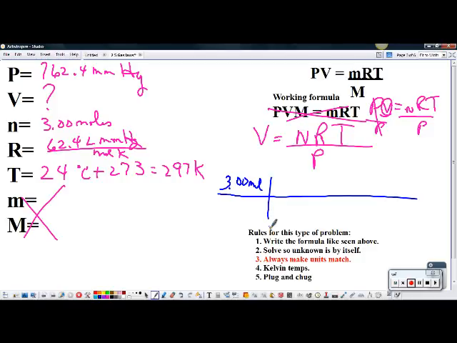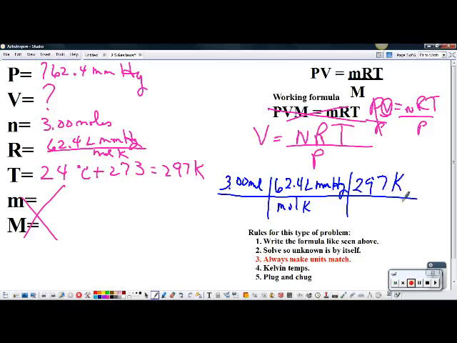So I'm going to put the number and the units with the number on the top. So 62.4 liter millimeter Hg. Okay. All right, my T is on the top, so 297 K.